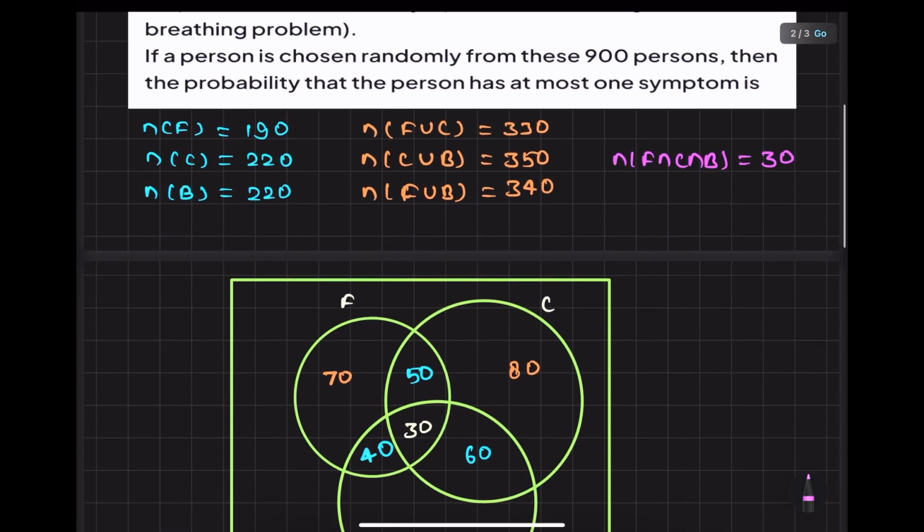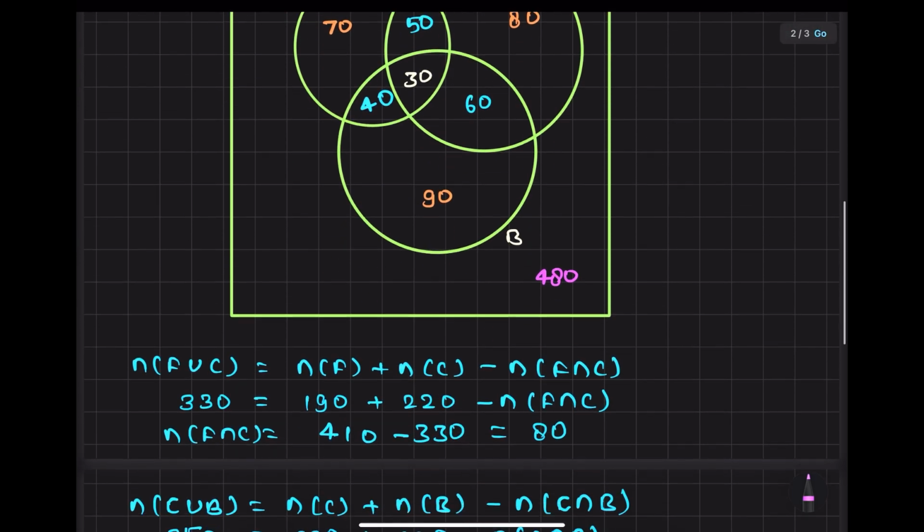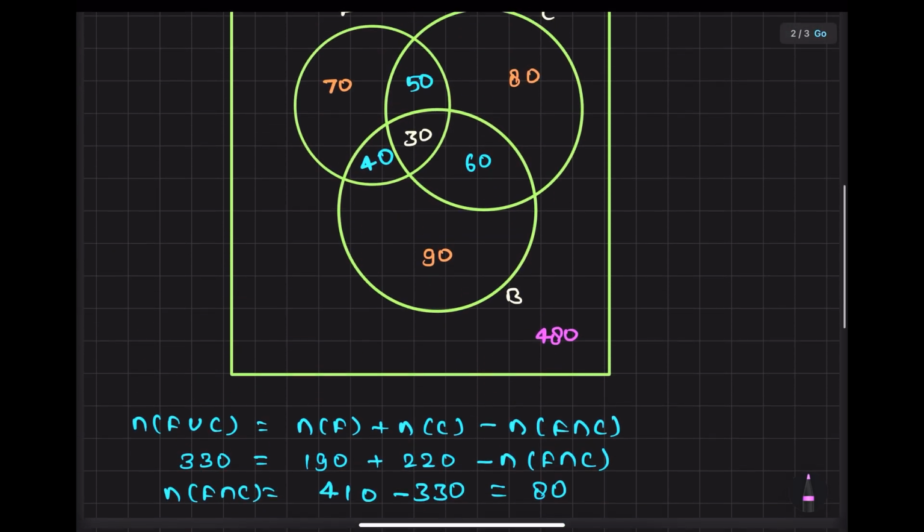Now, what was the required thing? If a person is chosen randomly from these 900 persons, the probability that the person had at most one symptom. So at most one symptom means what?